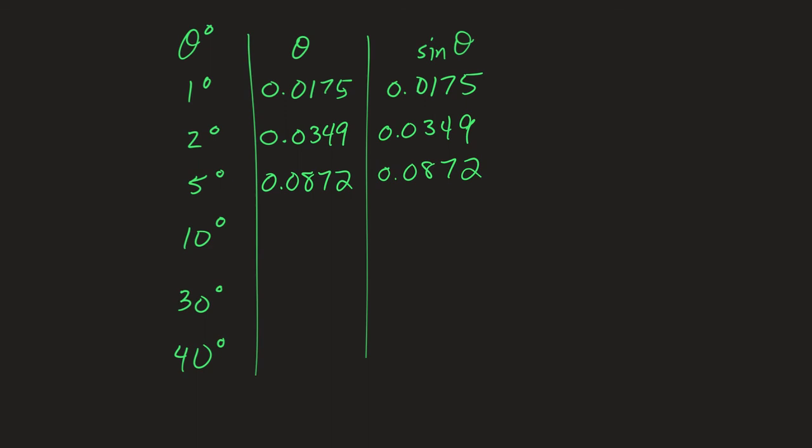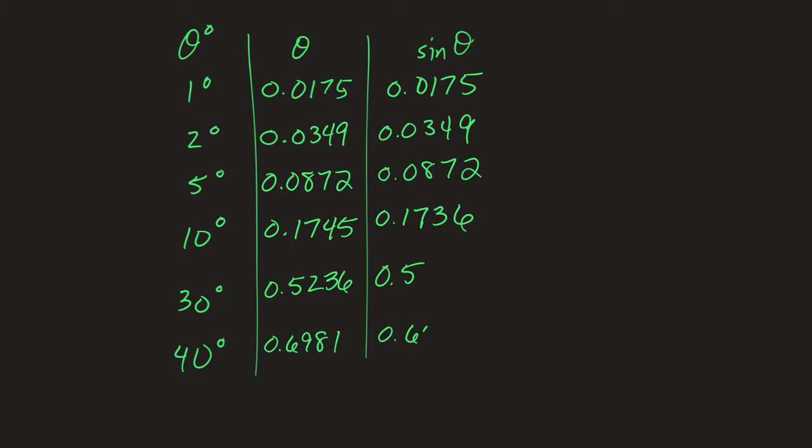All right. 10 degrees converted to radians is 0.1745. Sine of 10 degrees is 0.1736. And 30 degrees converted to radians is 0.5236. And we know sine of 30 is 0.5. And 40 degrees converted to radians is 0.6981. Sine of 40 degrees is 0.642.